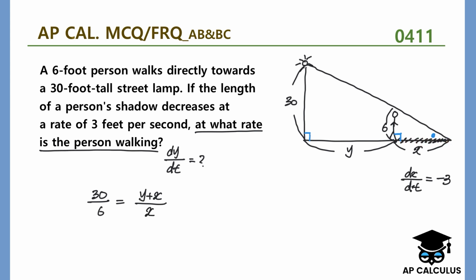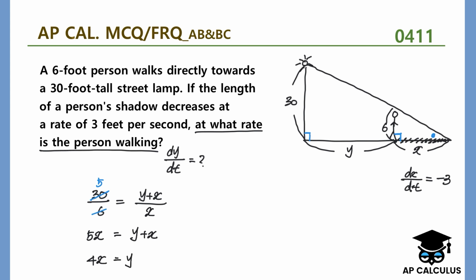They're equal to each other, right? So 30 over 6, if we simplify this, that's just 5, right? So cross multiplication, 5x is equal to y plus x. So we have 4x is equal to just y, right?